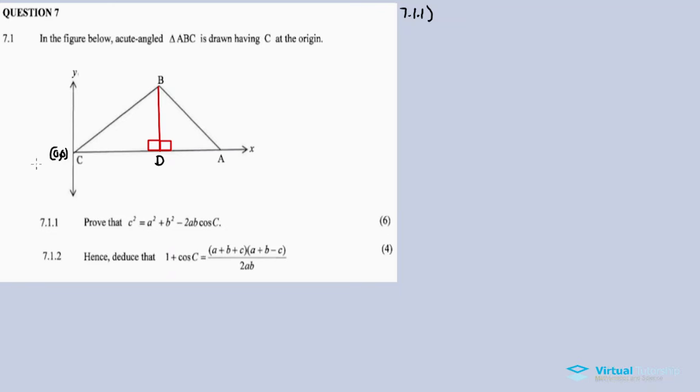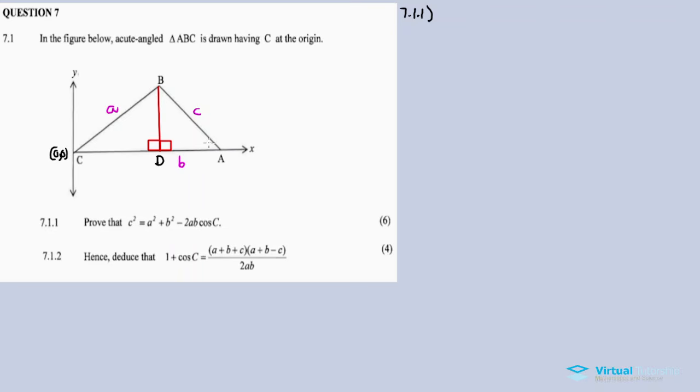And then we start labeling our sides. The side which is opposite to angle A must be named length a, so BC is equal to a. The side opposite to angle C is length c, and the one opposite to angle B is length b.